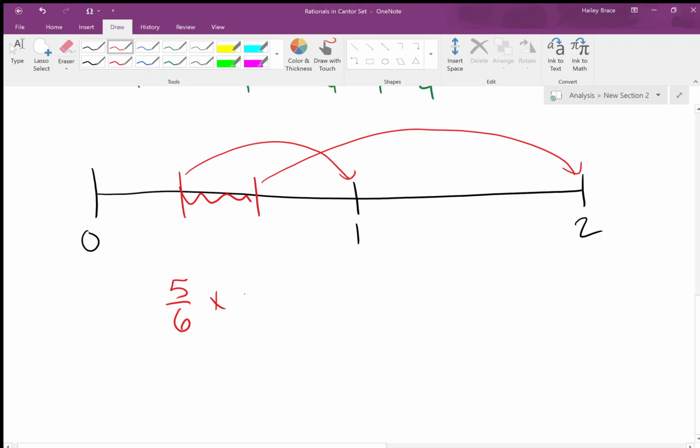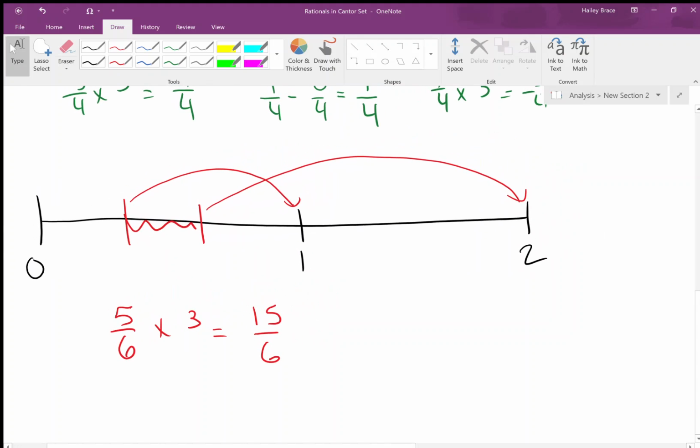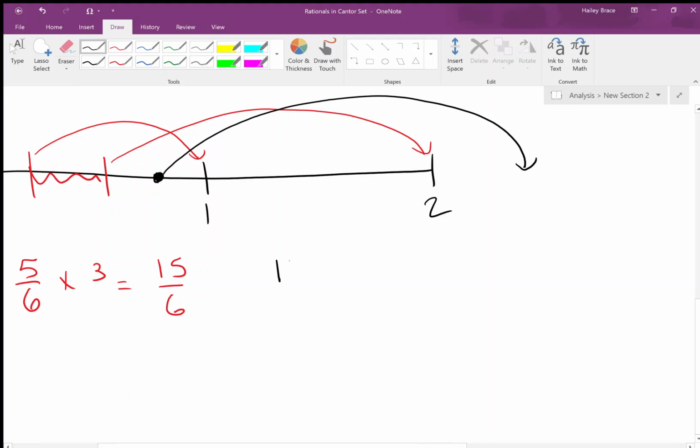We multiply it by 3 and we get 15/6. All right, we're not in that 1 to 2 range. Looking good.